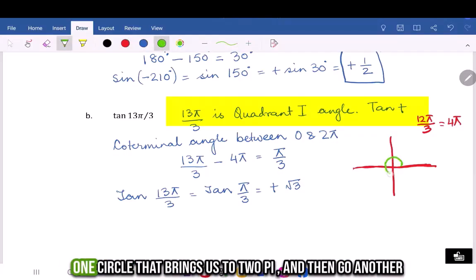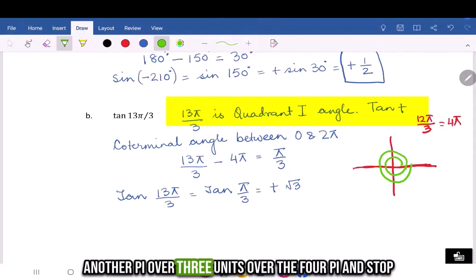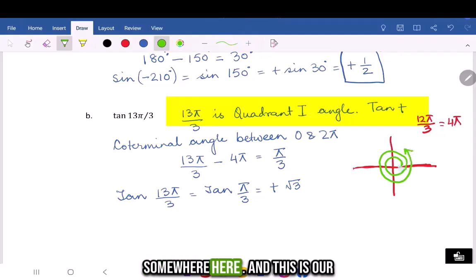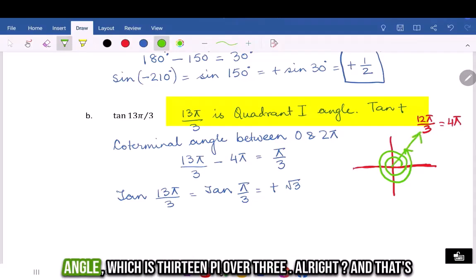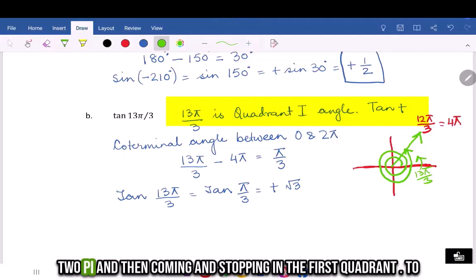In other words, go one circle, that brings us to 2 pi, and then go another circle, that brings us to 4 pi, and then we have to go another pi over 3 units over the 4 pi and stop somewhere here. And this is our angle, which is 13 pi over 3. All right, and that's how it is a first quadrant angle, after making 2 rounds of 2 pi and then coming and stopping in the first quadrant.